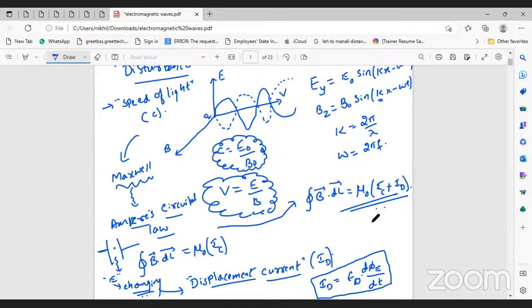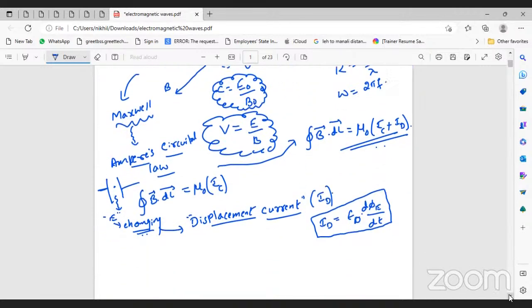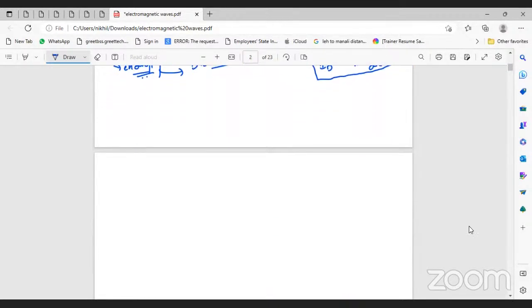So this is the modified form of the Ampere's circuital law. Got it?